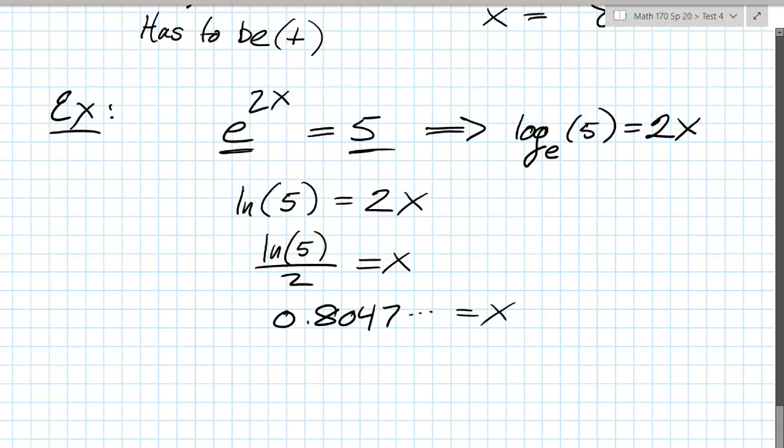You want to be sure that you use parentheses correctly, or else you will end up with the wrong number. This 2 does not interact with that 5 at all, because that 5 is in the parentheses. So order of operations says you have to do what the log function is first: put ln of 5 in your calculator, find that value, and then divide by 2.